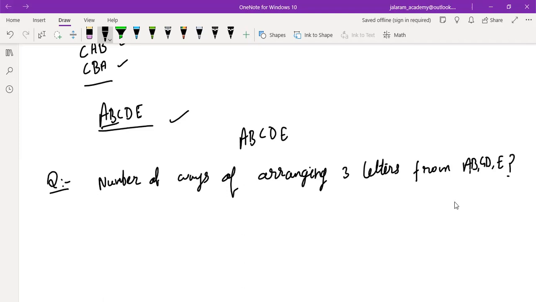If the question is to find the number of ways of arranging 3 letters from A, B, C, D, E, how do we find this?